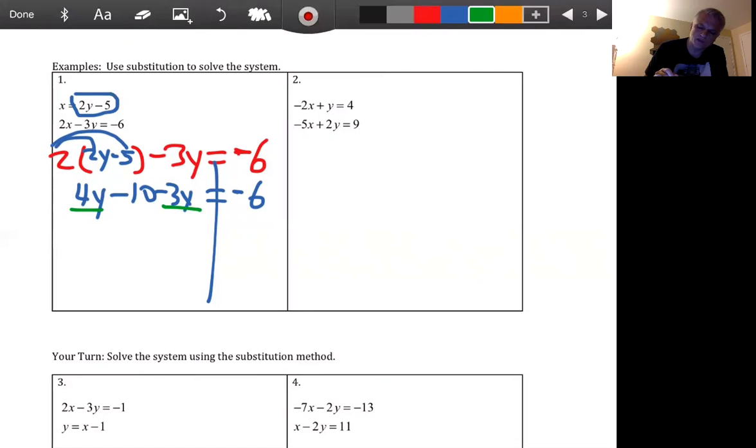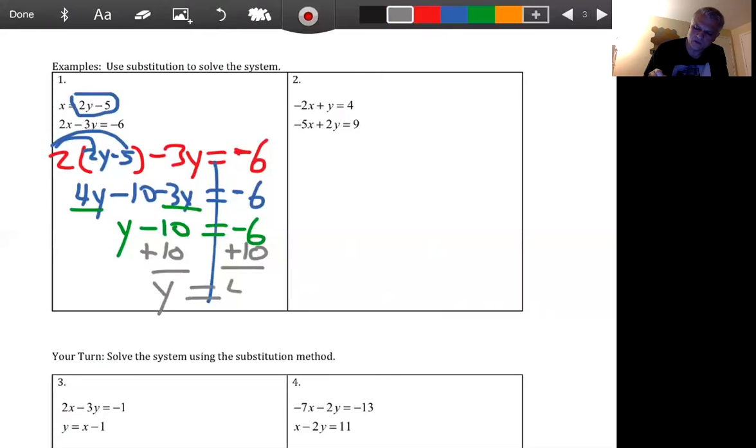So 4y minus 3y is 1y, which I'm just going to write as y. Bring down your minus 10. Now I'm going to add 10 to both sides of the equation, and I got y equals 4. Yeehaw.